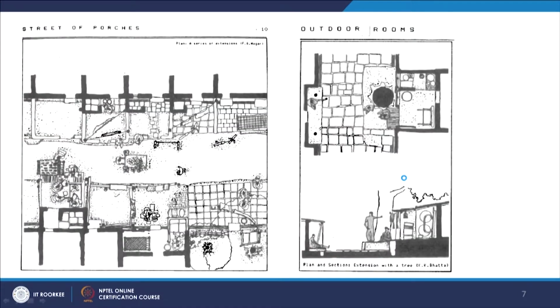And if you look at how the street of porches appear, if you look at the plan and the section of it, you have these porches interacting with each other. And in fact, if you see a porch here and a porch here, people keep interacting, and a very informal one is parking a cycle, and the children are playing here.